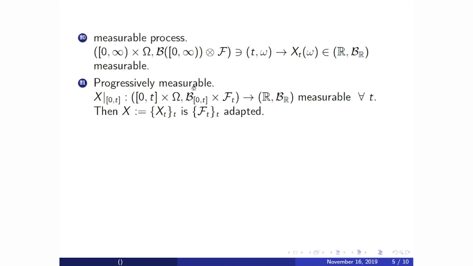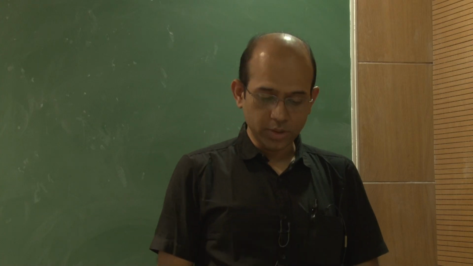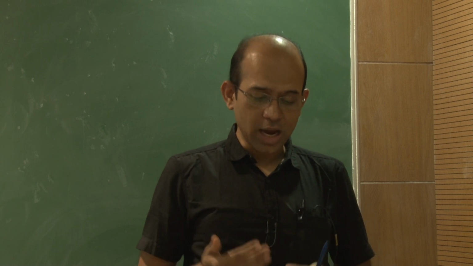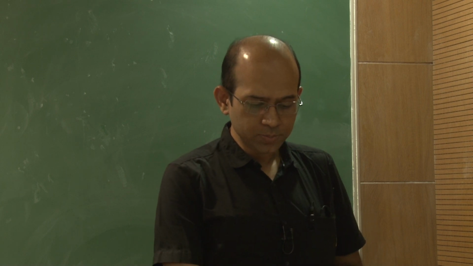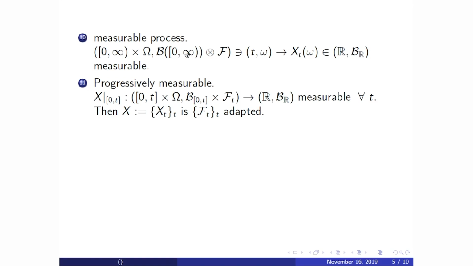However, there are other notions of measurability of X. This is called progressively measurable. So what is progressively measurable? Here we take care of how X_t is measurable over time t, because in the first case you just had the sigma algebra together, where time t does not play any role.